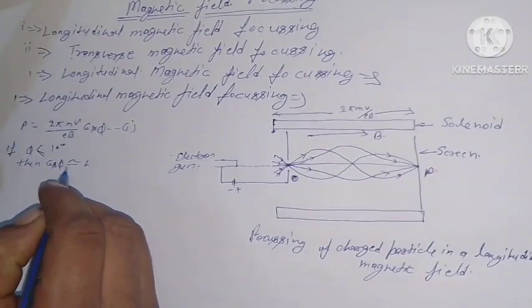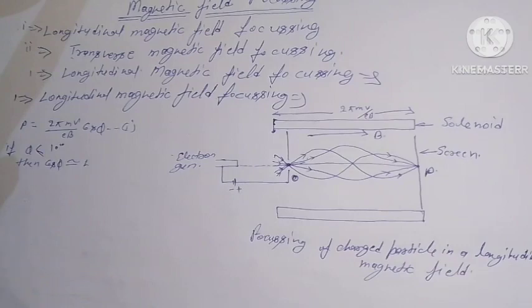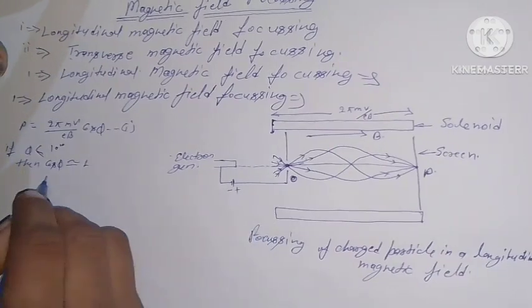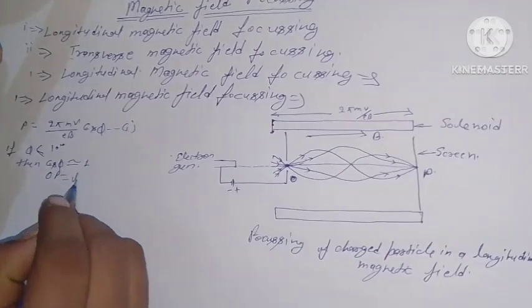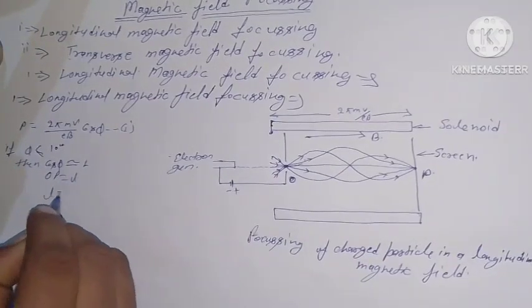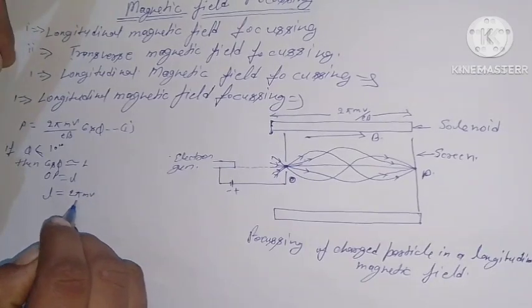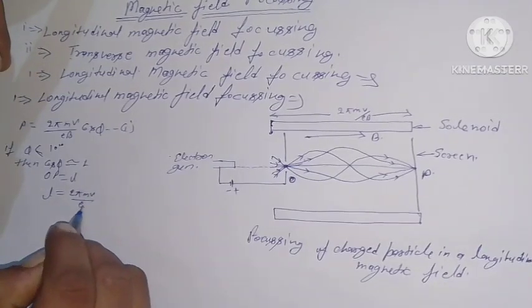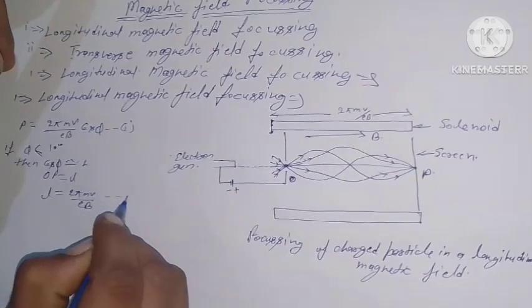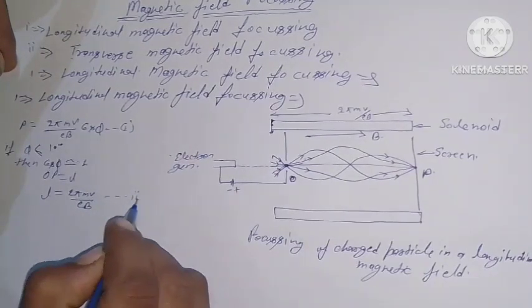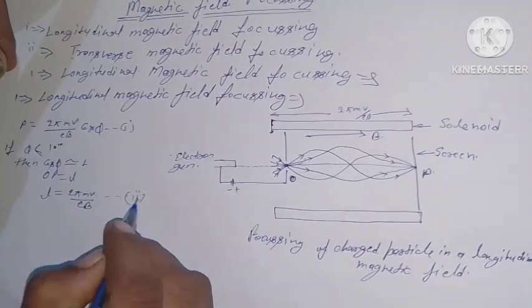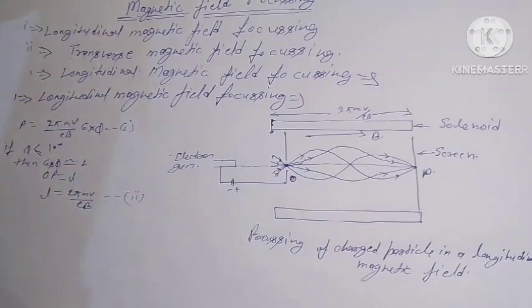In time t, the charged particles come to focus at point P. The length OP equal to L is given by L equals 2 pi m v upon e B. This is equation number second.